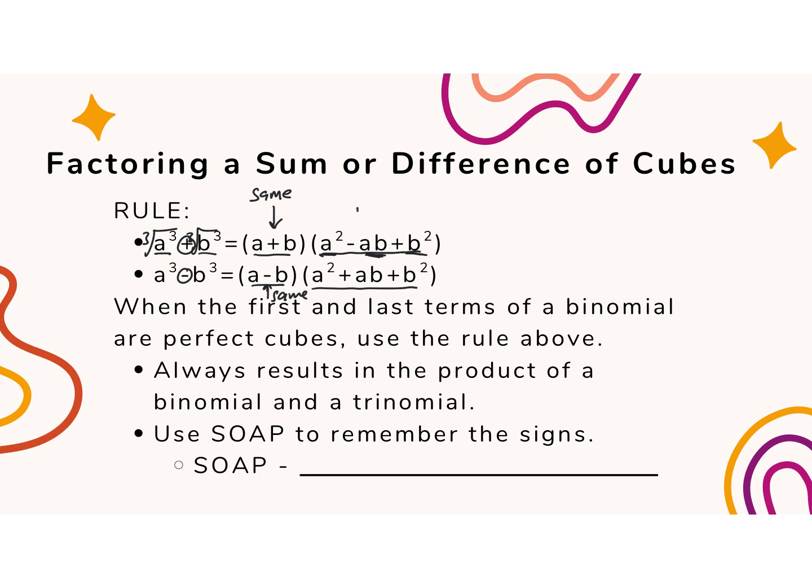The second sign that you're going to see is going to be the opposite of what you see in the middle. So this one's a minus because this one was a plus, and this one's a plus because this one's a minus. And then the last sign that you're going to see is always a plus.